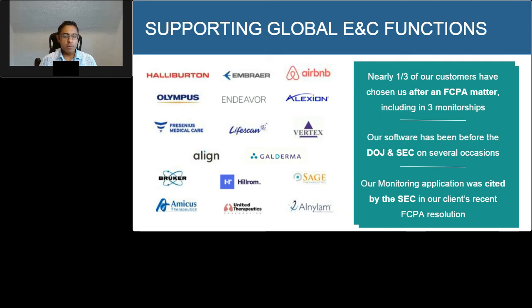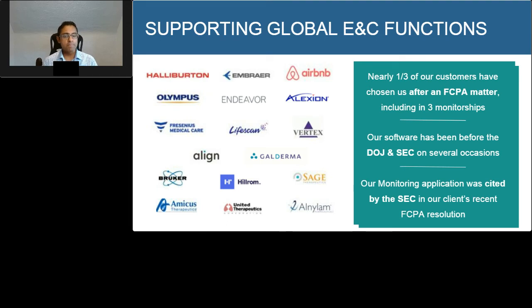So I wanted to give a little bit more context in terms of Lextegrity and our bona fides as a company. We've been around since 2017, for about 5 years, really supporting global ethics and compliance organizations in large companies. You can see some of our customers here across industries: oil and gas, life sciences, technology, media, entertainment, and other industries.